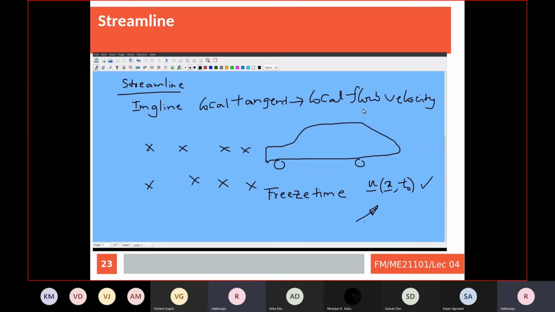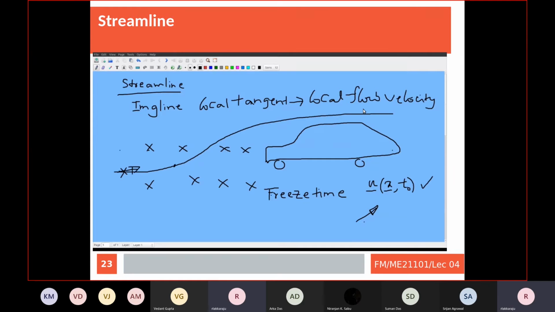Now, whatever those lines which are having the local velocity vector tangent to that imaginary line, we call streamline. That means on this, you measure the local velocity. That gives you the tangent velocity vector.